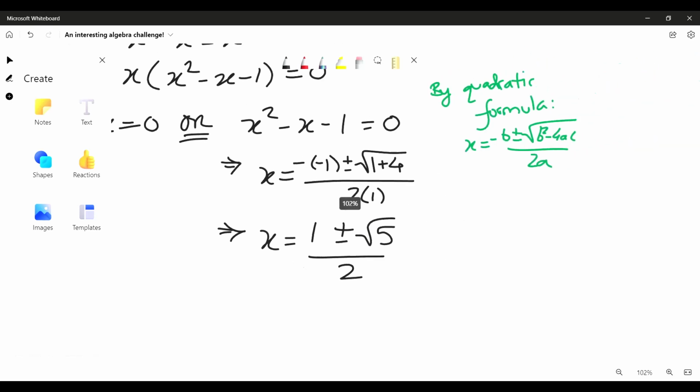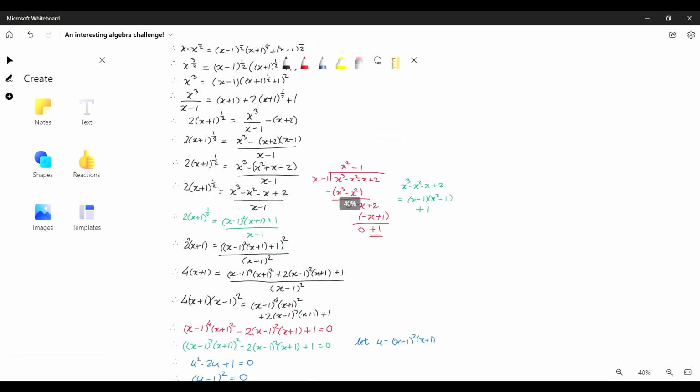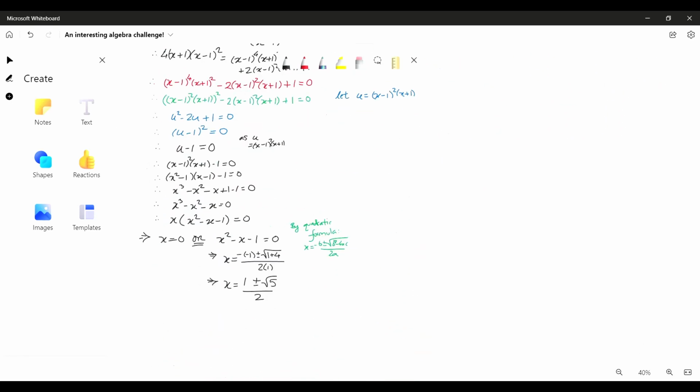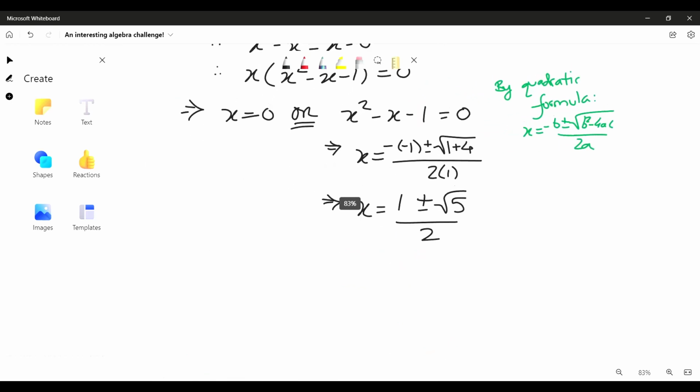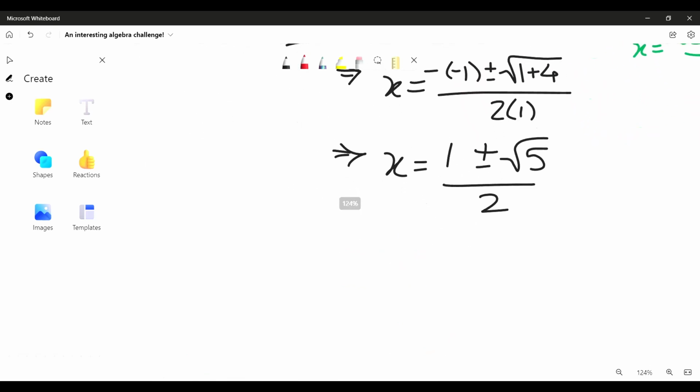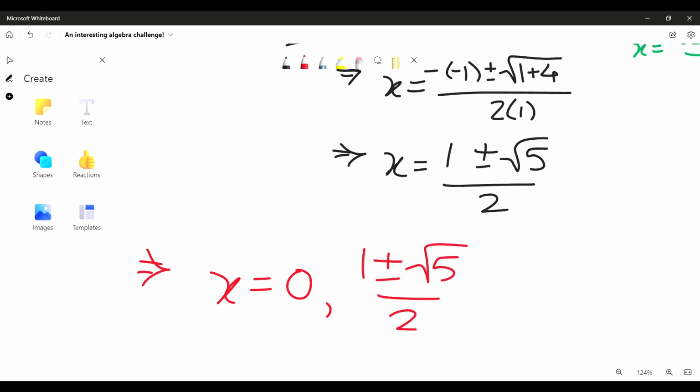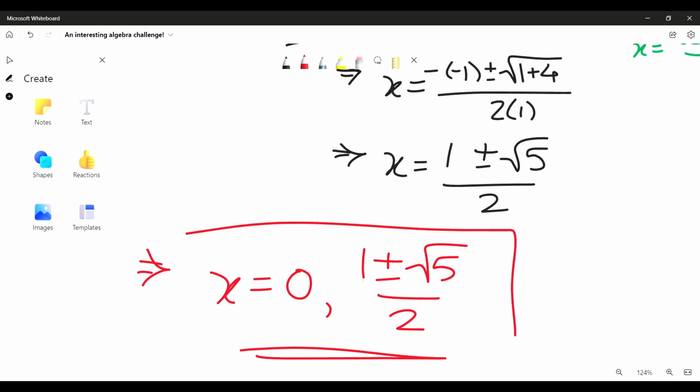And just to check, what was the domain they initially gave? x belonged to the reals, and all 3 of these solutions are real. So x is equal to 0 or 1 plus or minus root 5 over 2. Those are our 3 solutions to this problem.